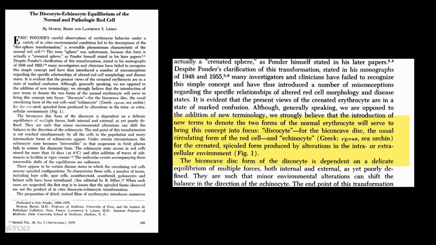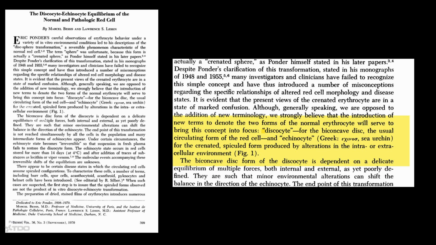Then I did a search, and we found out even back in the 1970s, this phenomenon was well known, and they changed the terminology a little bit, calling the normal erythrocyte a discocyte for the biconcave disc, the usual circulating form of the red blood cell, and echinocyte, after the Greek echinos, meaning sea urchin, for the crenated spiculed form produced by alterations in the intra or extracellular environment.